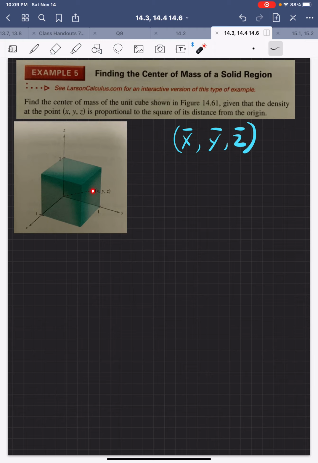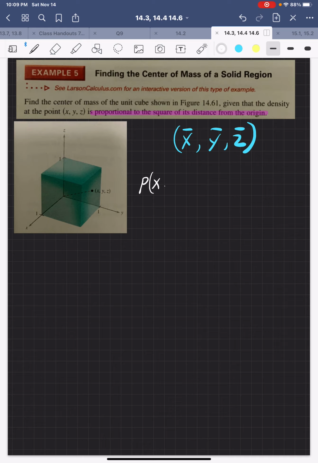in other words, the density at any point, is proportional to the square of its distance from the origin. We need to make sure we can translate that, because they are not giving us the density function.